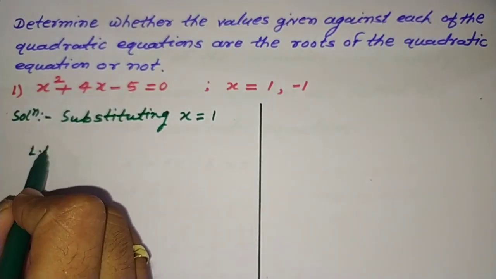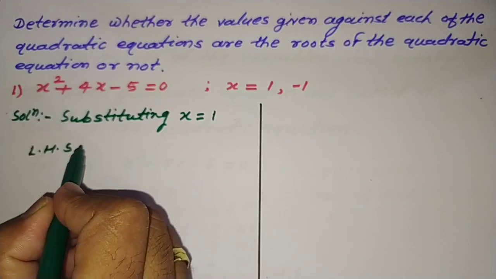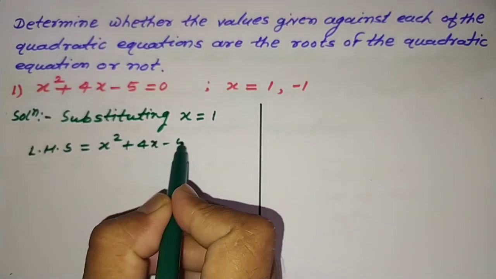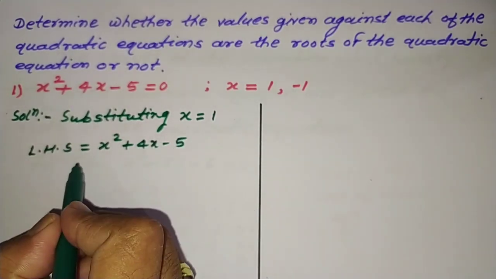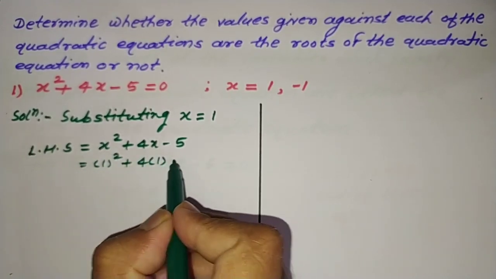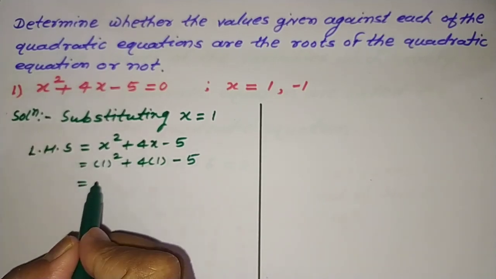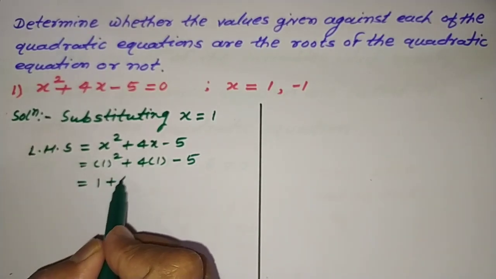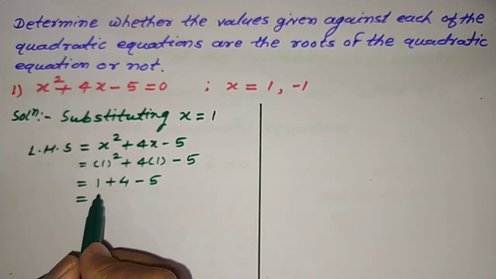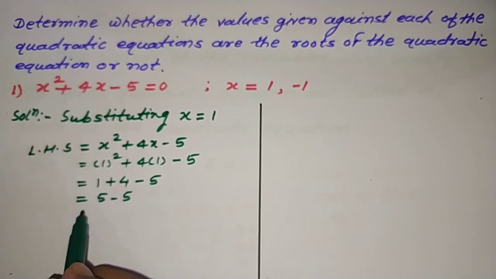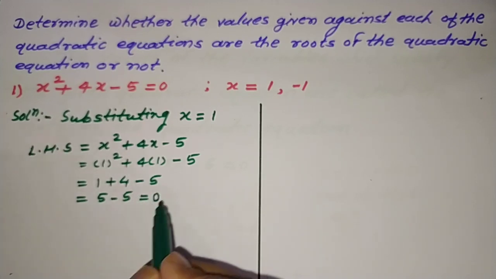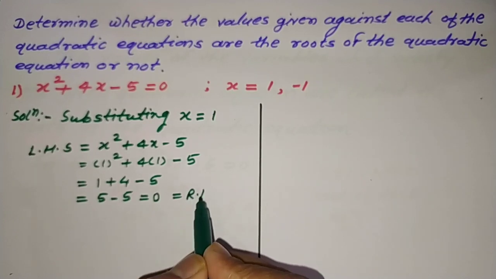Left hand side: x square plus 4x minus 5. Substitute the value of x: 1 square plus 4 into 1 minus 5, which is 1 plus 4 minus 5, equal to 1 plus 4 is 5, 5 minus 5 is equal to 0. 0 is the right hand side.